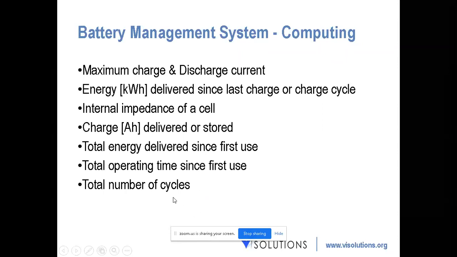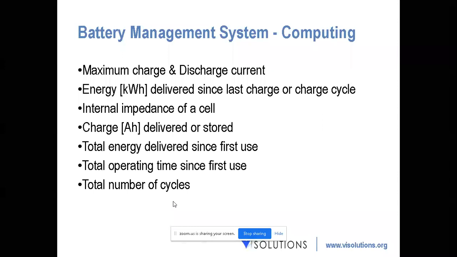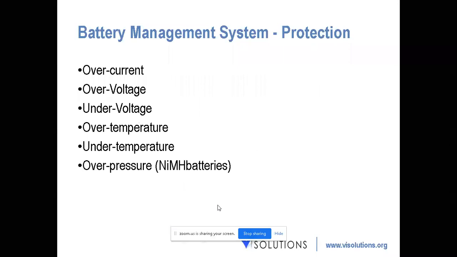Computing these things previously needed a powerful separate computer, but now the embedded system has become so powerful that the calculations can be done in powerful processors capable of embedded systems. And when we get this data, you can employ protection as well, like over current and over voltage.